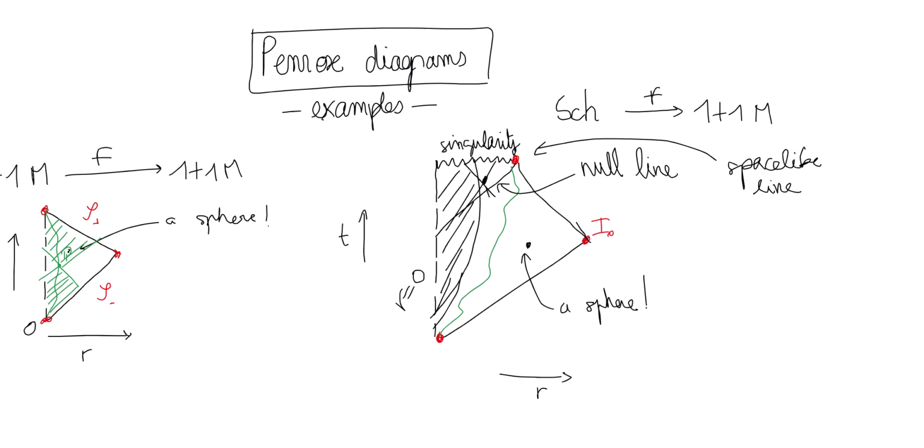Once you cross the event horizon, you will see everything that has happened since the formation of the black hole.